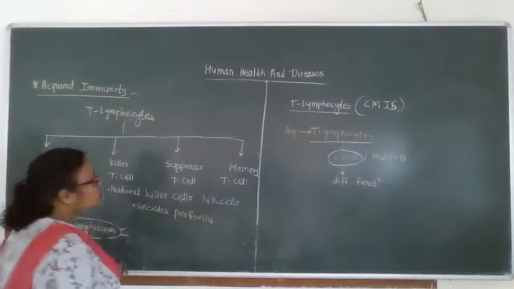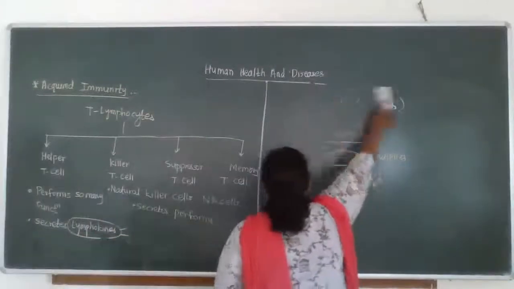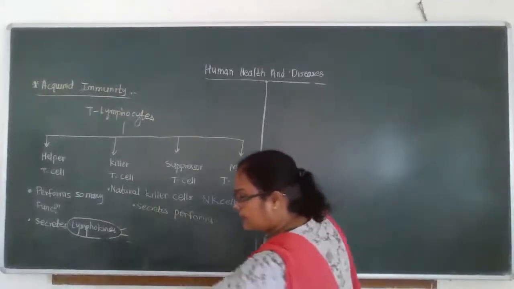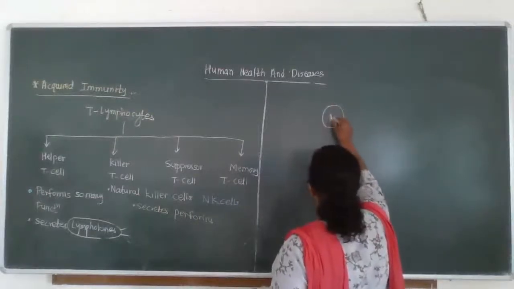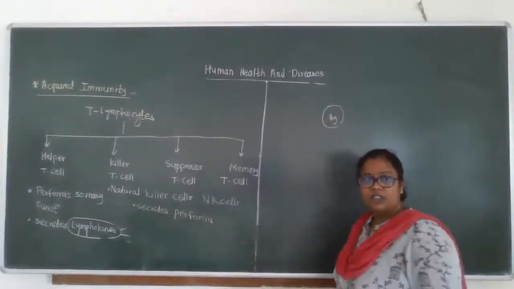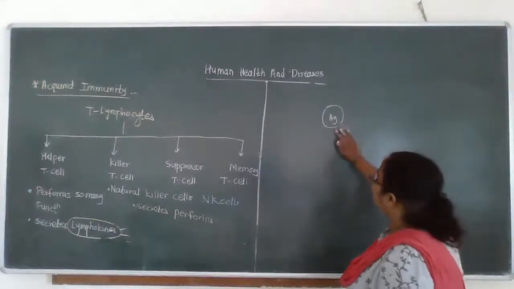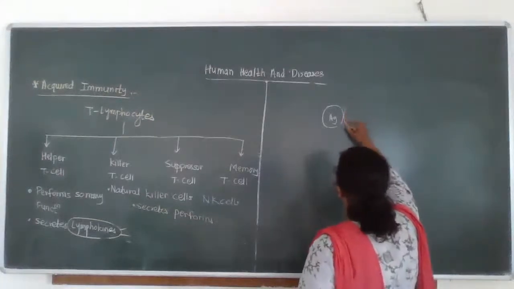So how do natural killer cells work? Listen. Suppose this is the antigen, any antigen, maybe bacteria or virus, which invades our body. So what happens? These NK cells get attached.